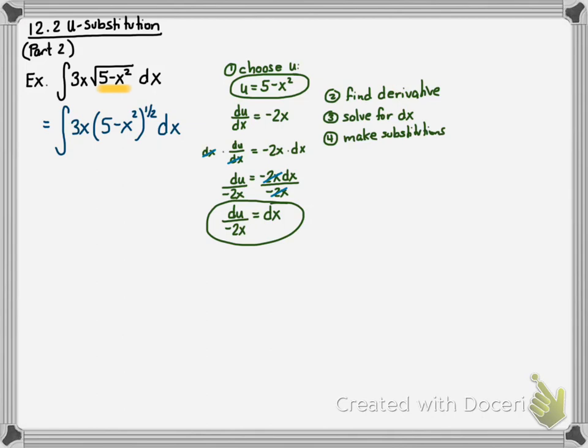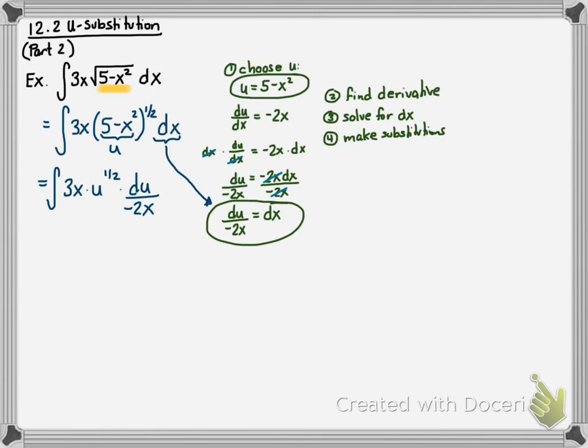Back in the original integral, I'm going to replace the 5 minus x squared with u, and I'm going to replace dx with du over negative 2x, because we said that dx is equal to du over negative 2x. So we have the integral of 3x times u to the 1/2 times, instead of dx, du over negative 2x.